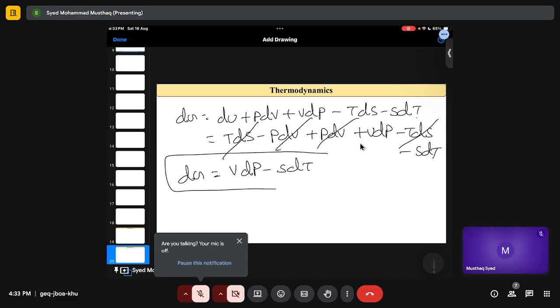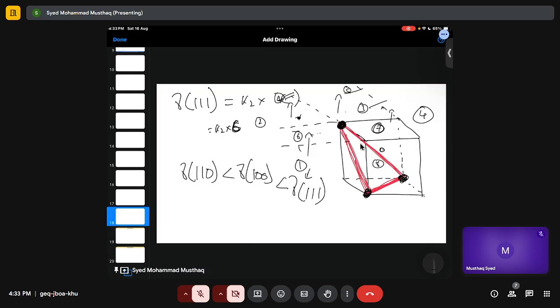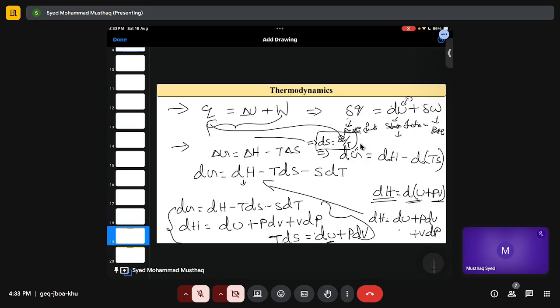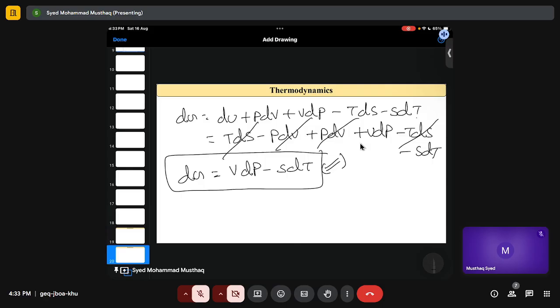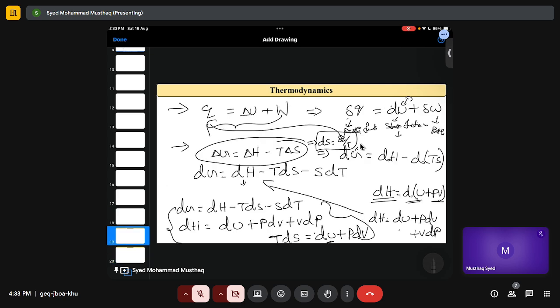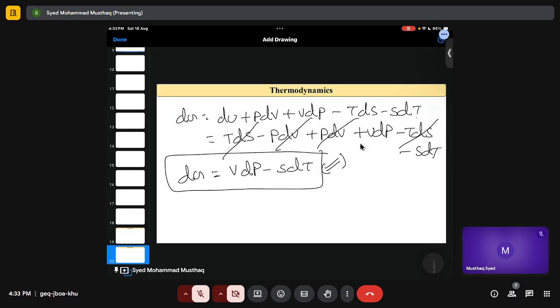So there is also this confusion. Why do we use this guy rather than this guy? You mostly see this equation whenever you're trying to calculate the free energy of a system, reaction or whatever it is. You do not consider this guy but this guy. Why? Because the independent terms, the pressure and temperature, are easy to measure. Right? Temperature is very easy to measure.